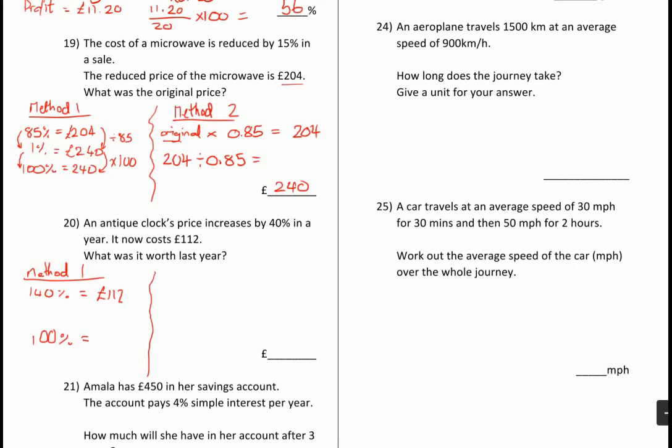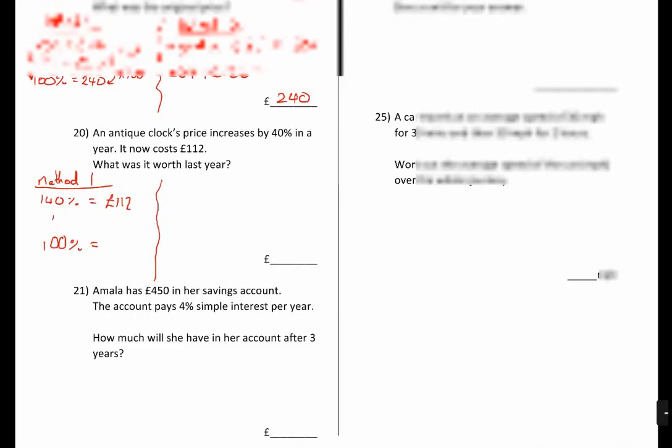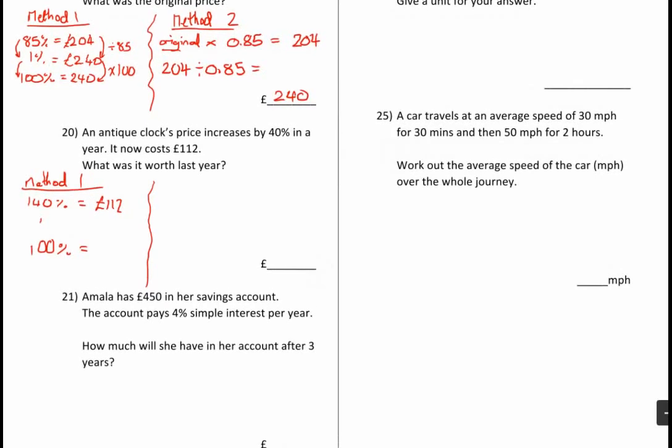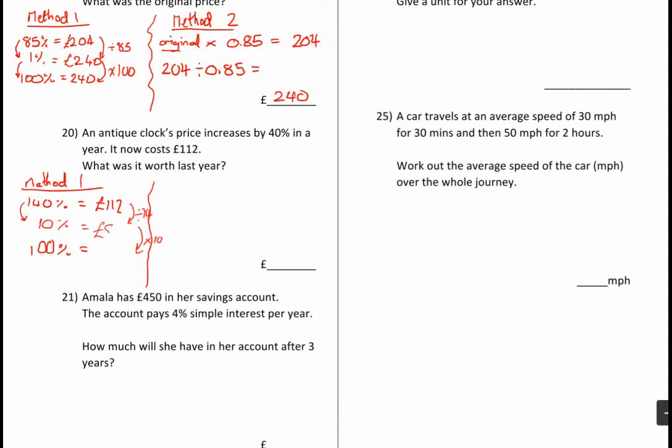We could go to 1%. We could also find 10%, which is what I'm going to do this time. So I'm going to divide by 14 here, and then times by 10. So £8 is 10%.